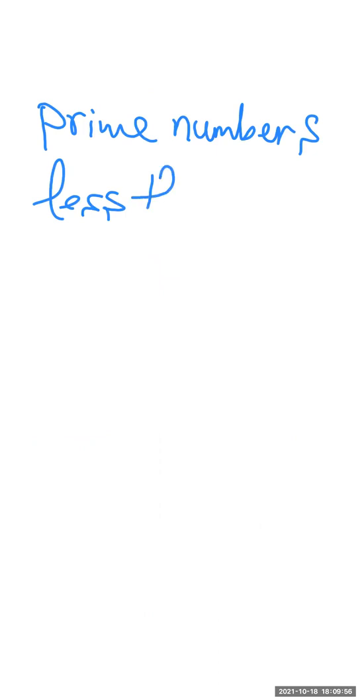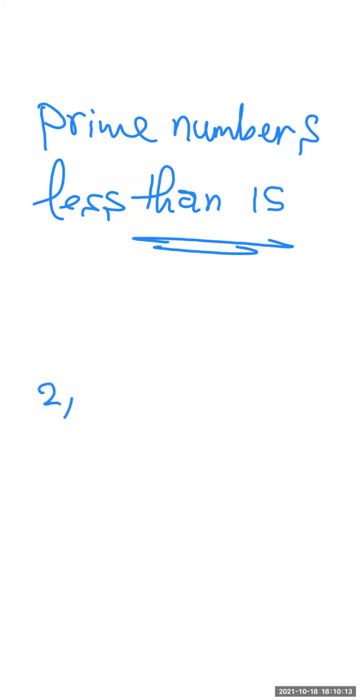Prime numbers less than 15. So first, guys, I want to remind you about prime numbers. Prime numbers are the numbers that have only two factors. Like 2, 3, 5, 7, 11, 13, 17, 19, and so on.